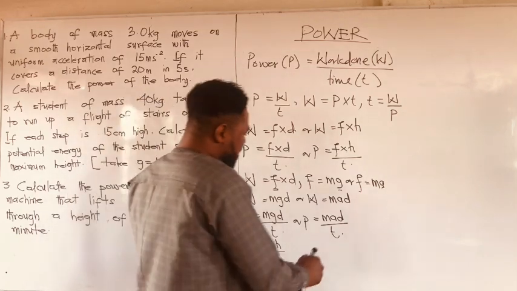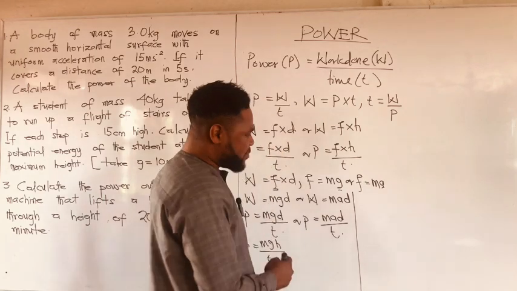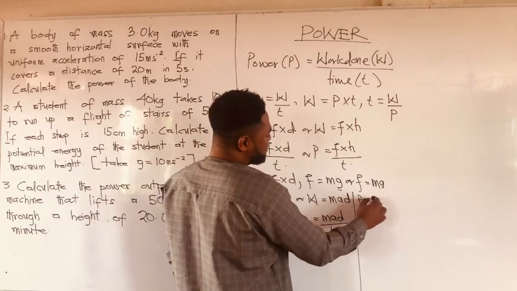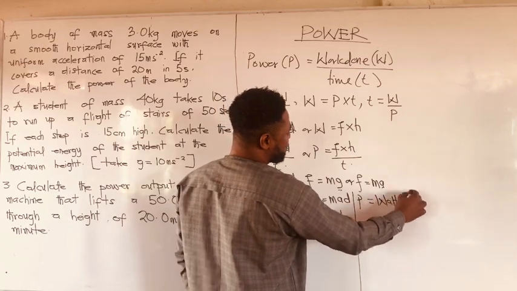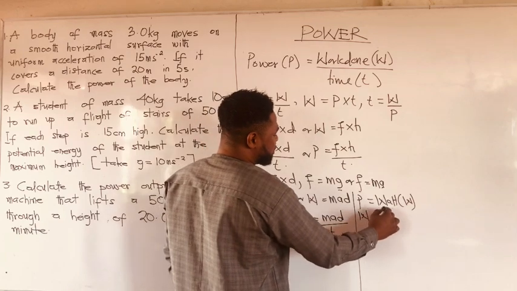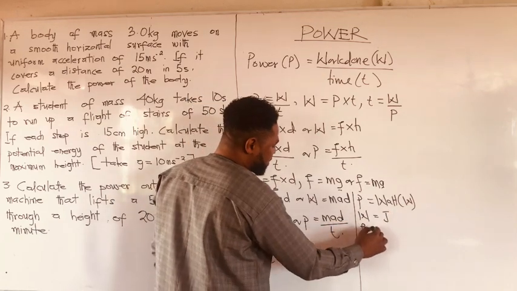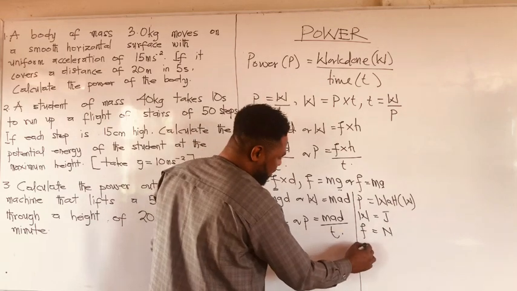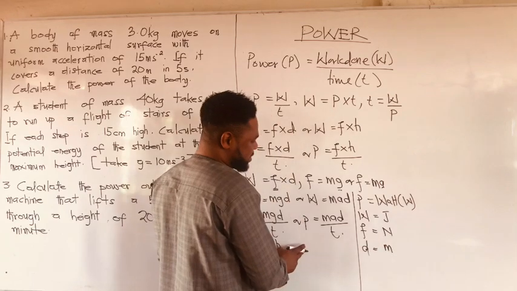All right, let us look at the units in which these things are measured. Our power is measured in watt, capital W. Our work done is measured in joules, that is capital J. Our force is measured in Newton, and our distance is measured in meters.